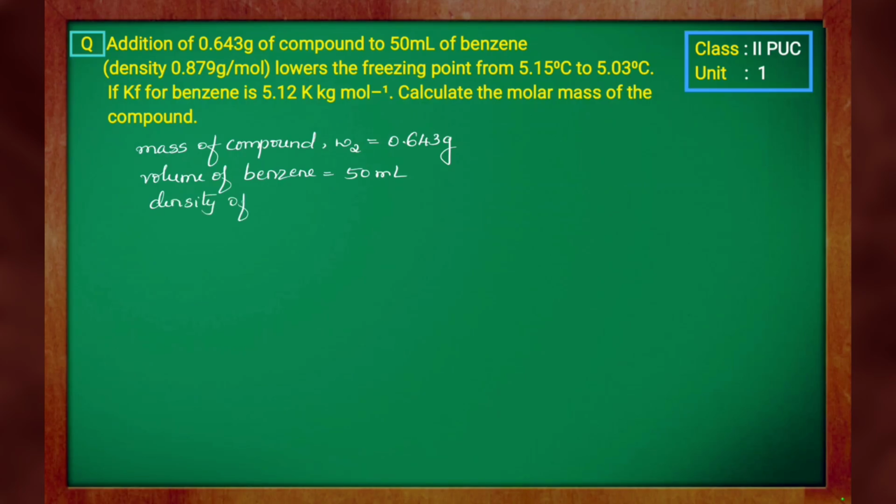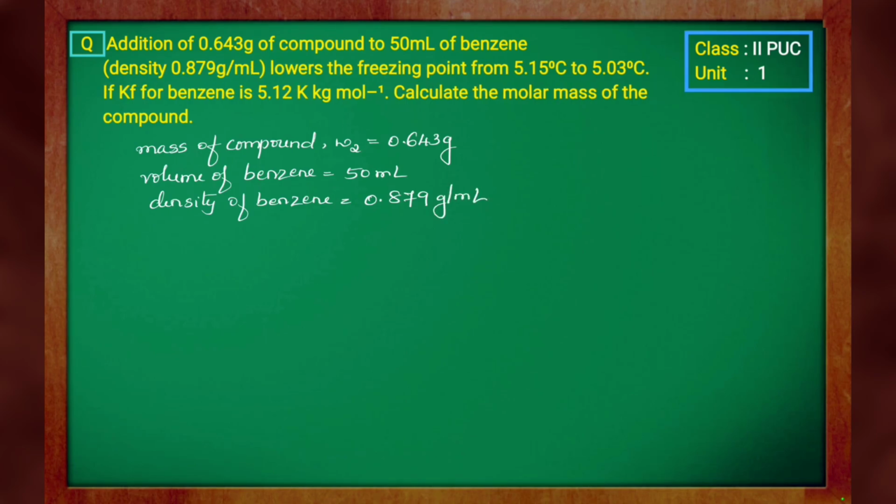So the density of benzene is equal to 0.879 gram per ml. Using the volume and density, we can calculate the mass of benzene. So therefore we have the mass of benzene, which is its volume multiplied with density.